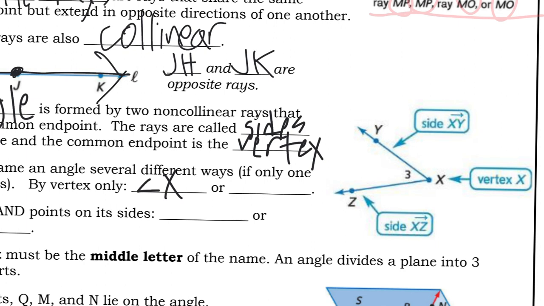That's angle X. You can also see that there's a little 3 tucked inside. If there's a little 3 right there, it's naming the vertex. So instead of using that point X, we can call this angle 3. You'll see a lot of angles named like that.